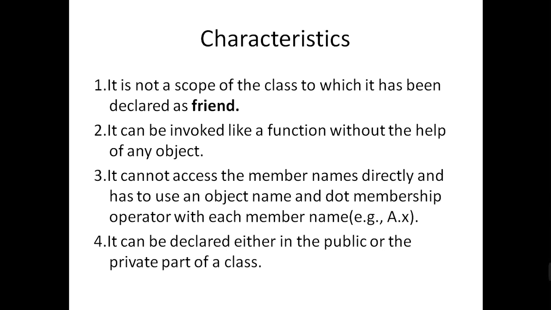That is, a dot is a membership operator which can be used as object name dot member name, for example, A dot x. Here A is the object name and x is the member. So this is the pattern for accessing members of a class.